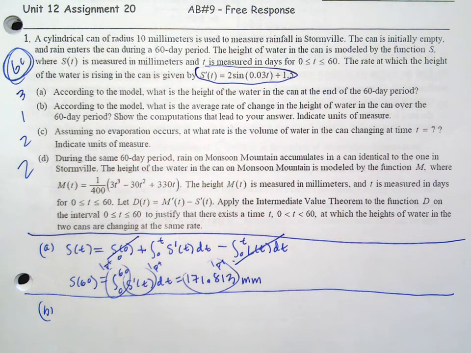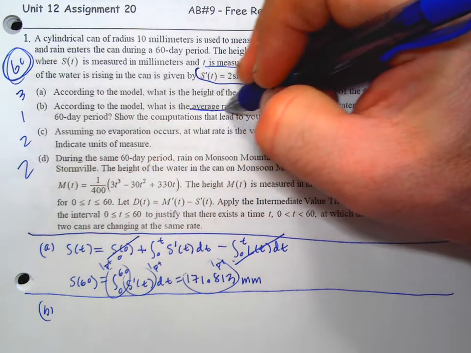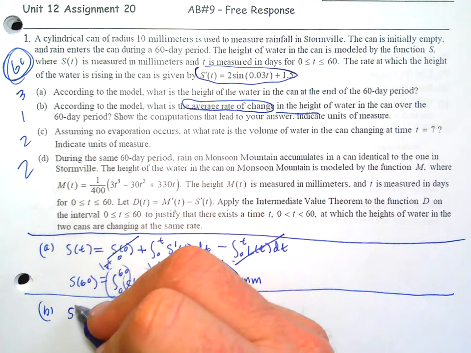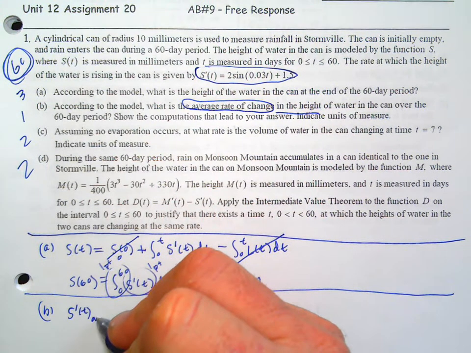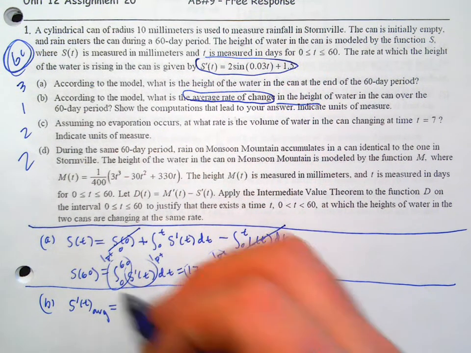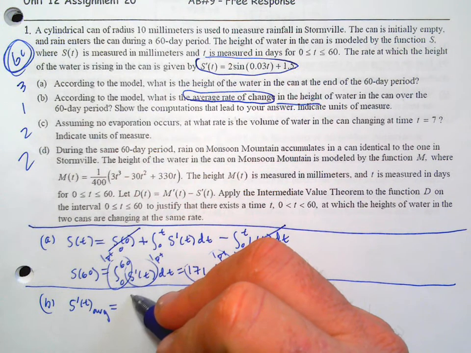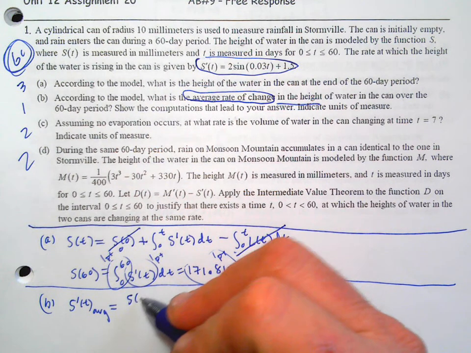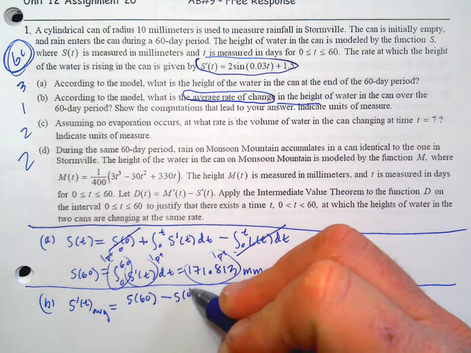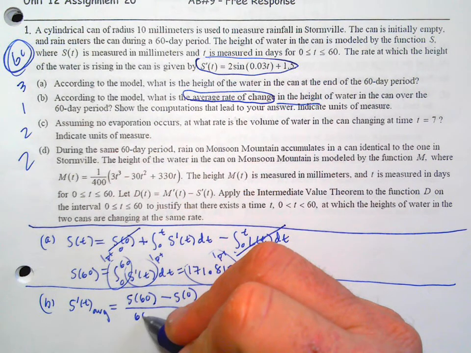So they're looking for the average rate of change of the height, S prime. Since this is a derivative, it'd be easier to just go with the mean value theorem that we learned for derivatives, which is just the slope connecting the endpoints of a secant line on the original function that you're trying to find the average slope of.